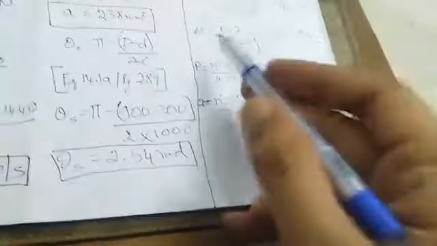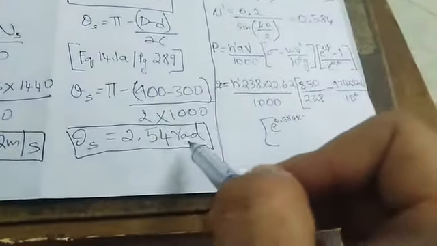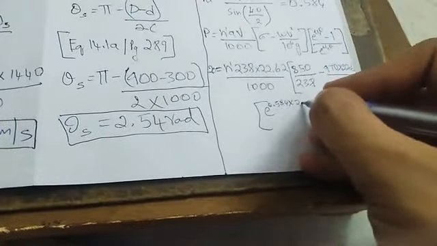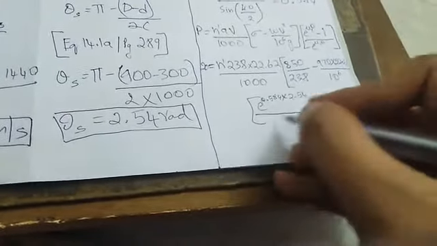Mu dash we have found out 0.584 into theta is 2.54 radians, minus 1 divided by e power mu theta.